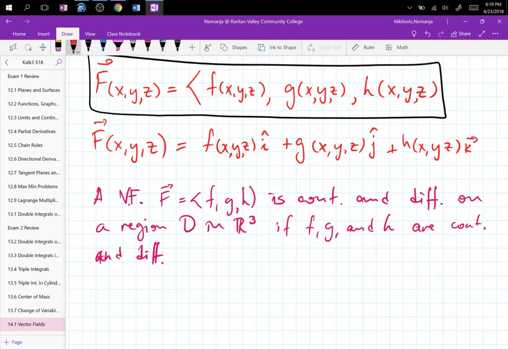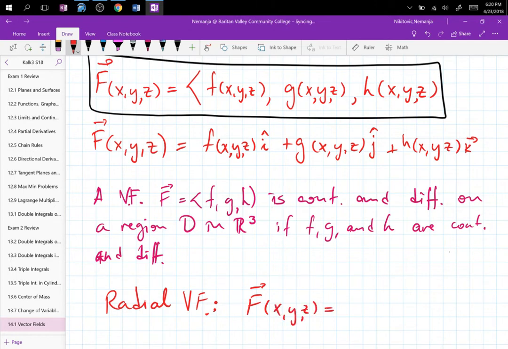And here's the radial vector field. I'll put VF. I think they have it too. Yeah. So radial vector field f of xyz is equal to, and you have your xyz divided by r to the power p.